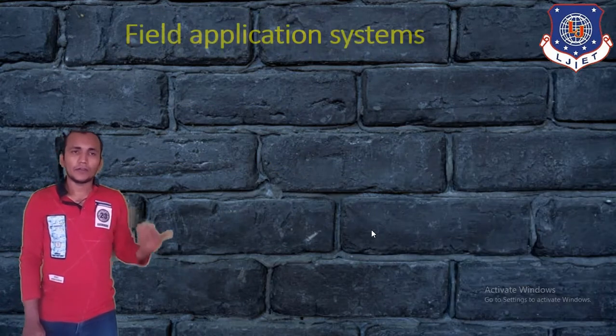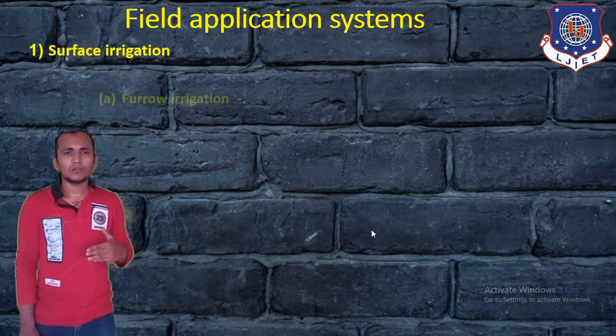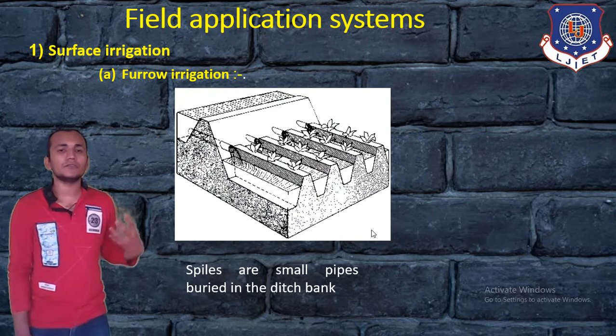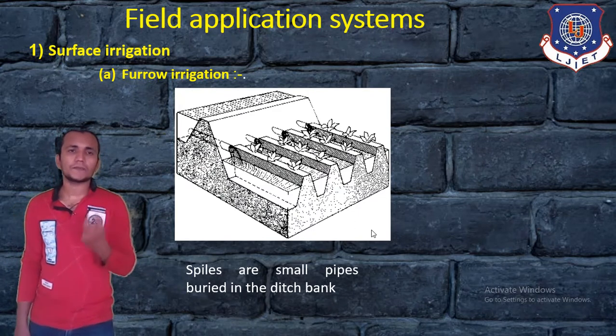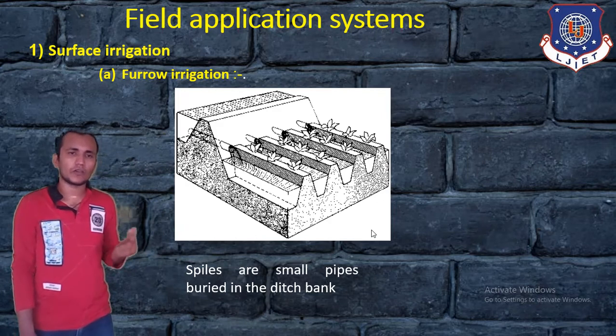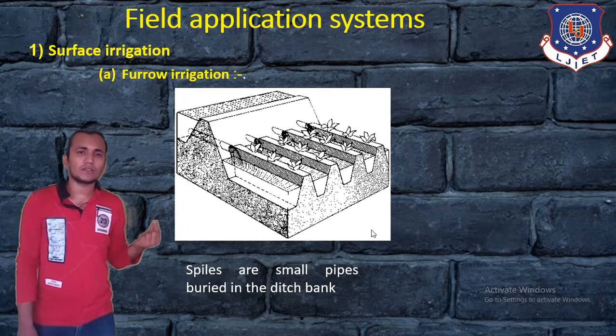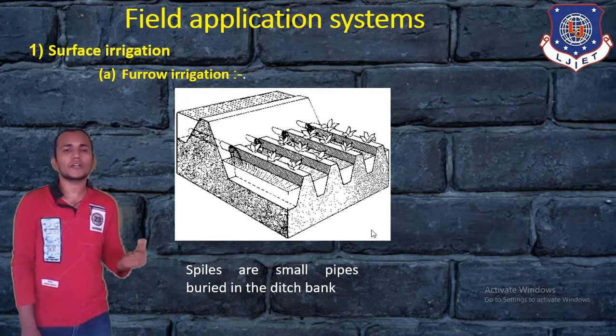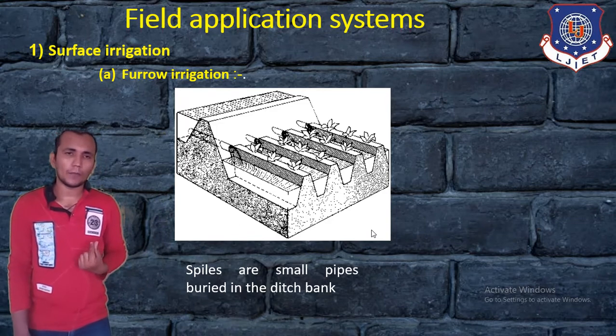Now in the furrow irrigation system we also have another way to supply water, that is by using small pipes. In this figure you can see small pipes are connected. That is called a spile, or small pipe buried in the ditch bank. So that can supply water to this row of the crop.